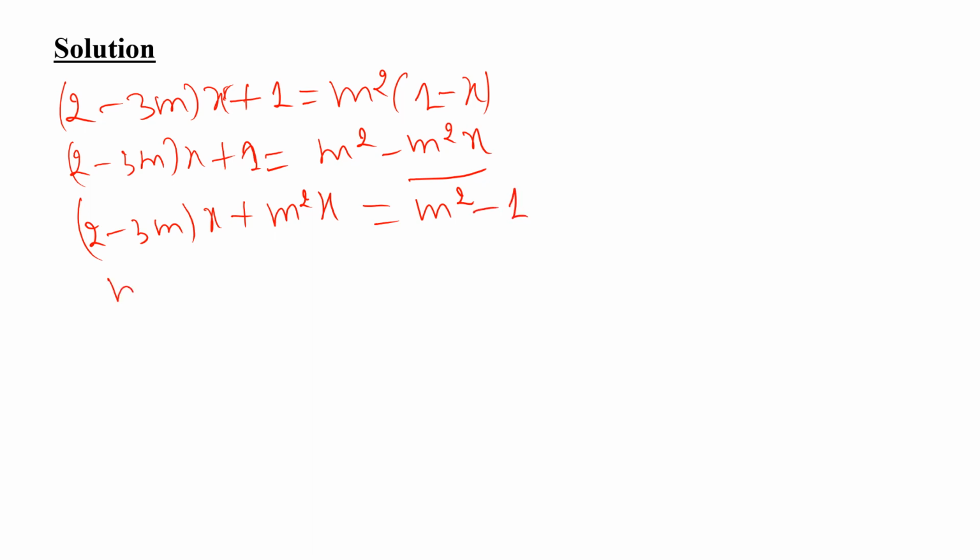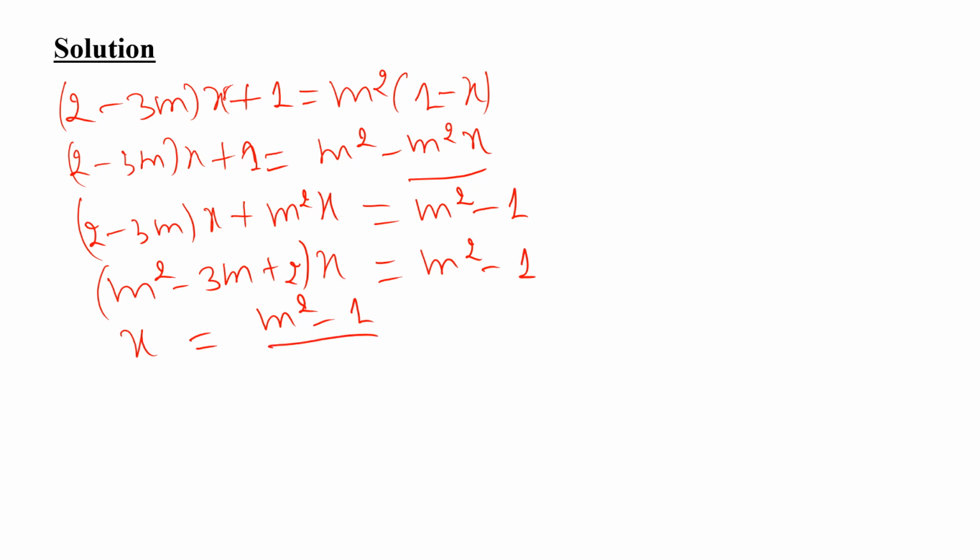Now we get (m squared minus 3m plus 2), with x out of brackets, which is equal to m squared minus 1. Then x is equal to (m squared minus 1) divided by (m squared minus 3m plus 2).